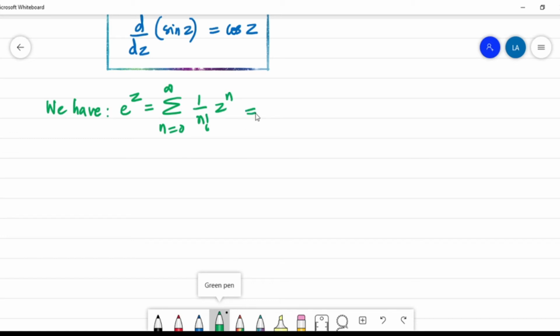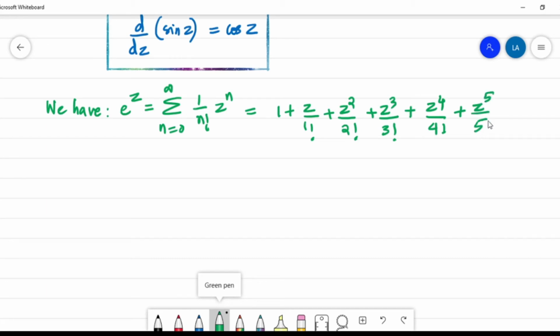That is equal to 1 plus z by 1 factorial plus z squared by 2 factorial plus z cubed by 3 factorial plus z raised to 4 by 4 factorial plus z raised to 5 by 5 factorial plus etcetera. Now let's find e raised to iz.